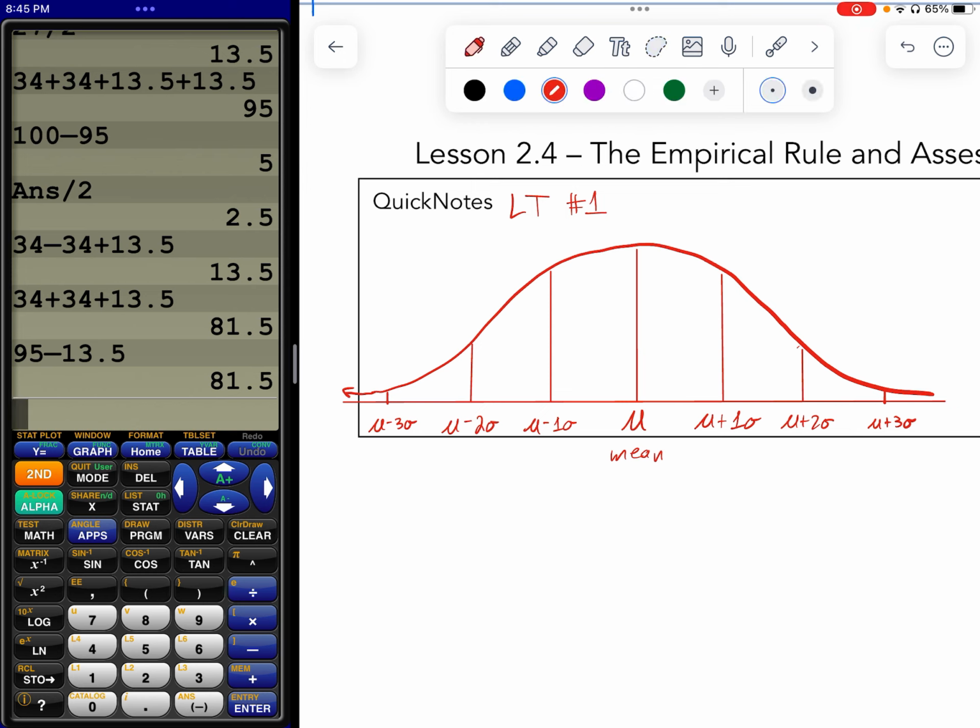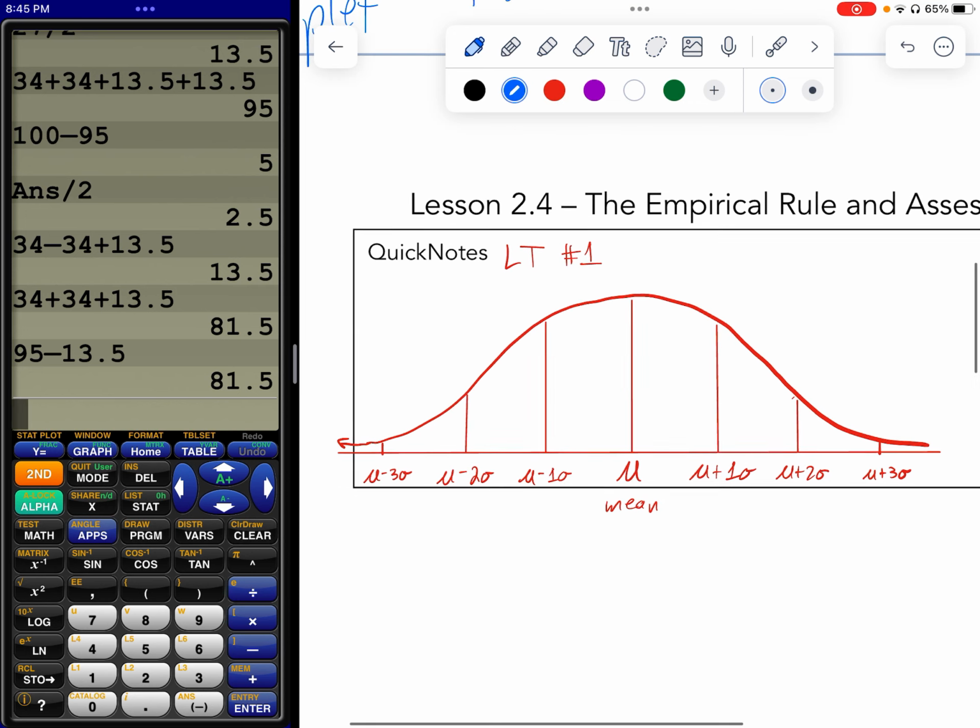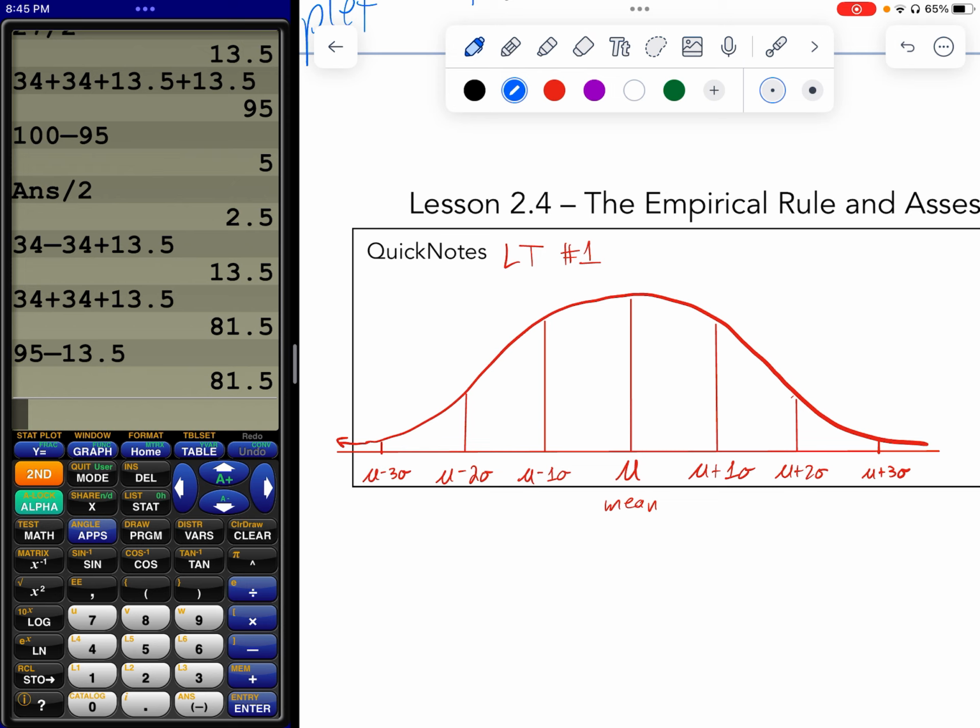The empirical rule is oftentimes called the 68, 95, 99 rule. Or sometimes people get more specific.